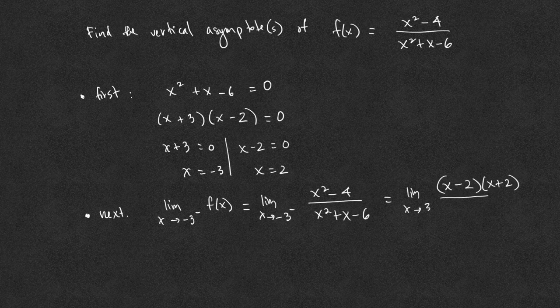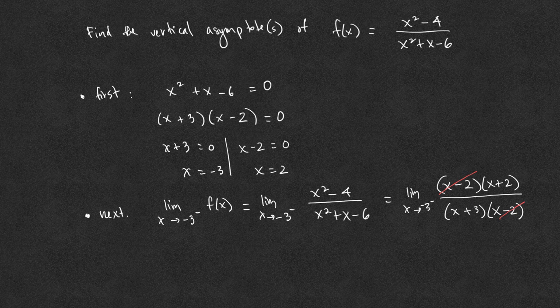It is a difference of two squares, so it is the product of the conjugates, and we factored the denominator already, x plus 3, x minus 2. We can cancel out the factor x minus 2, and so we end up with the limit as x approaches -3 on the left-hand side of x plus 2 over x plus 3.